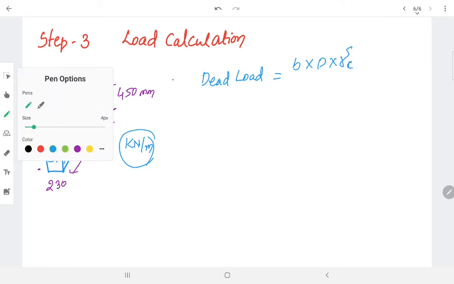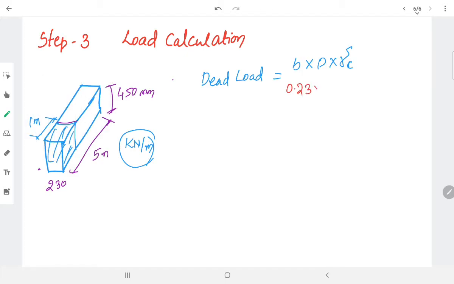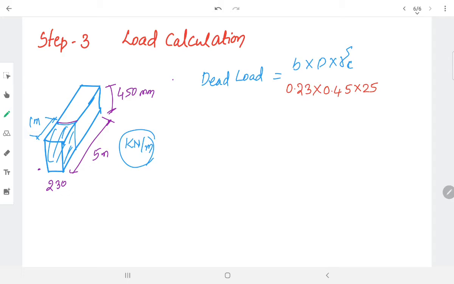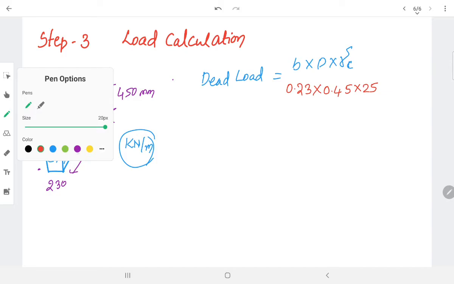So here I'll write breadth is equal to 0.23, because all are in meters, depth 0.45, times density of concrete, because I am writing kilonewton per meter cube. Density of RC, reinforced concrete, is equal to 0.23 times 0.45 times density of concrete. Okay, when you calculate, what will be the answer?